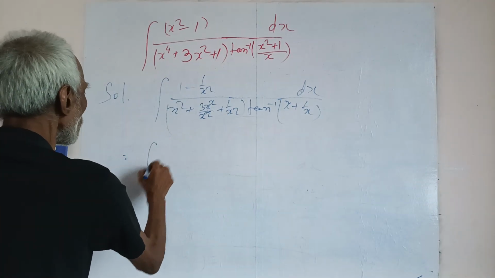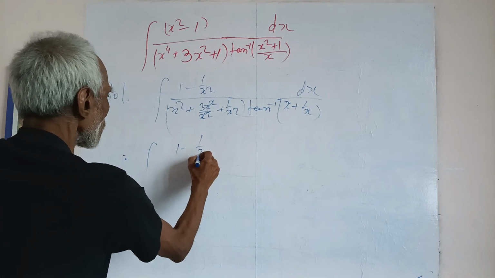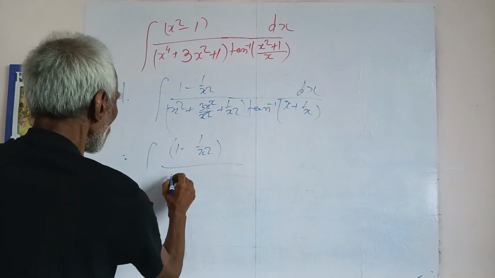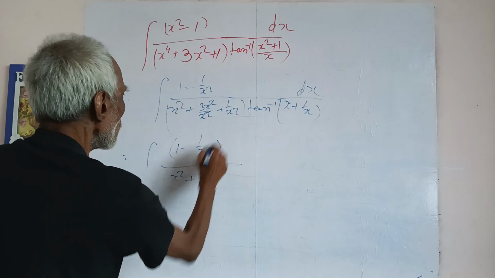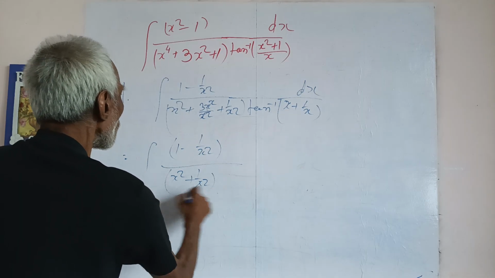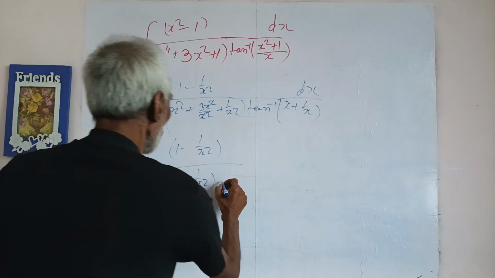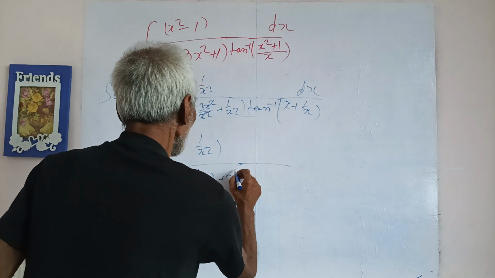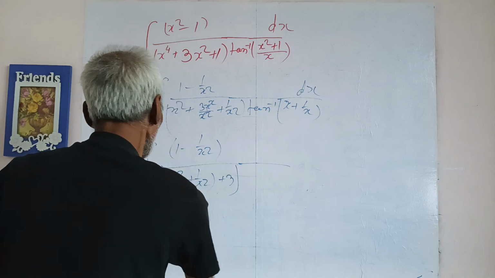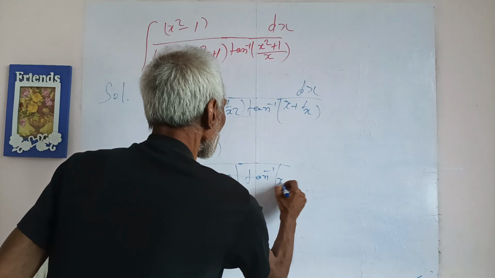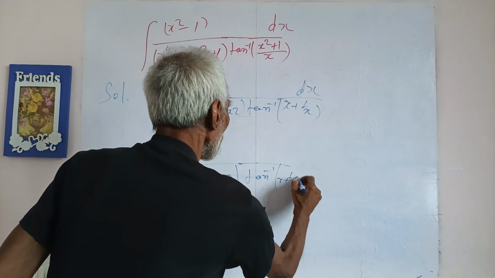This is equal to 1 minus 1 by x square, by x square plus this part here 1 by x square plus 3. Tan inverse x plus 1 by x dx.